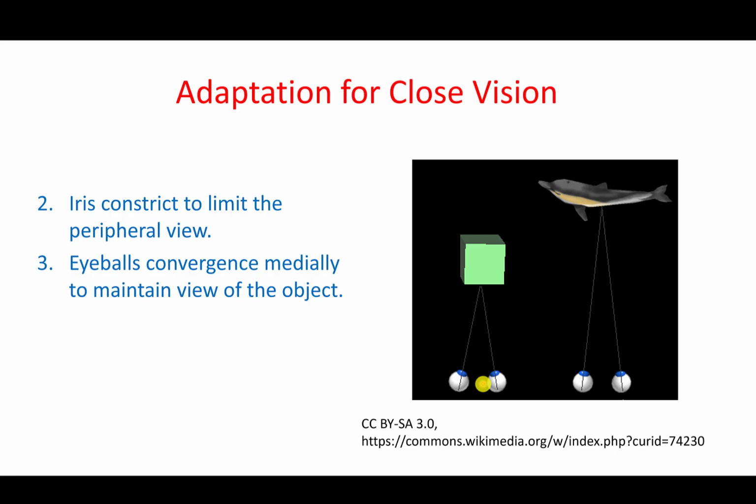You can do this if you move your finger close to your eyes and focus on it, and you will feel that the two eyeballs are moving toward the middle of your field of vision. So the degree of this movement toward the inside increases as the object gets closer to us. As you can see here, the eyeballs are not turning inside as much as those two eyeballs.